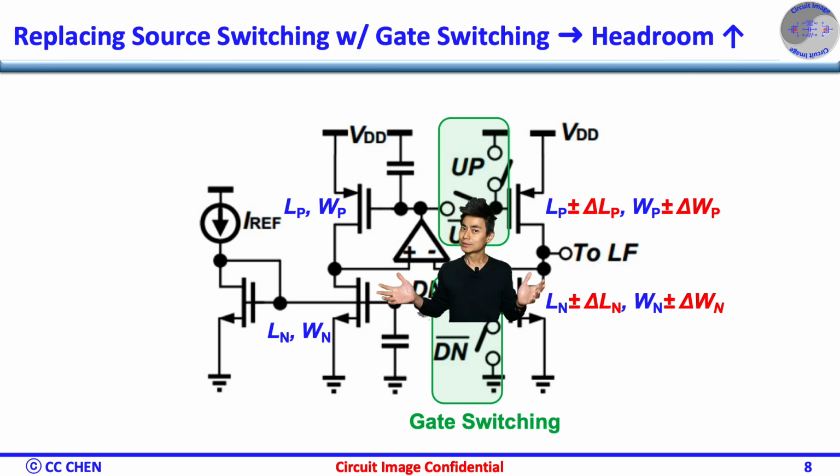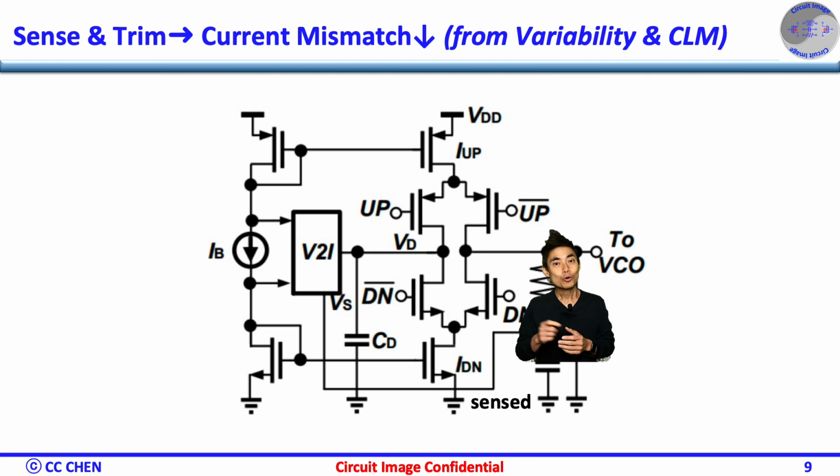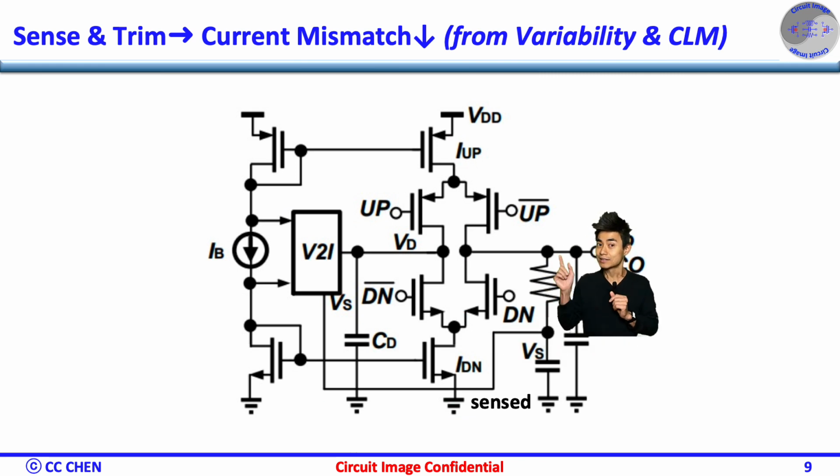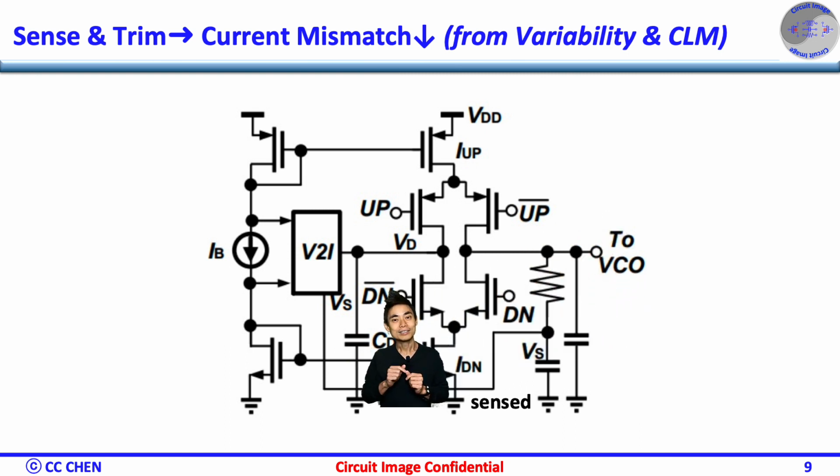What can we do? Yes, we still can do something like this smart idea, which requires a sense and trimming procedure. So we send the up current into the tune node or into the filter, and we also pull out the down current. When we don't send the down current into the loop filter, we send the down current into a down capacitor shown here.